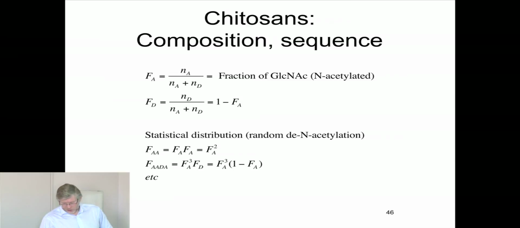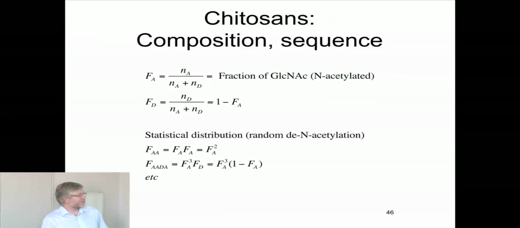It turns out that the deacetylation process is random. Very different from how alginate is made. Therefore, what you have left is statistically distributed. And because of this, we can predict directly that, for instance, the AA dyad frequency is just Fa squared.